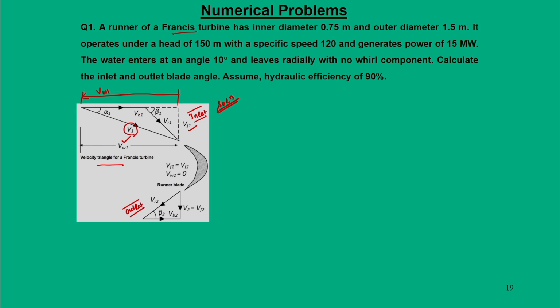Correspondingly, this VW1 is associated with VB1, which is there in the inlet triangle. Then we have blade angles and guide vane angles. In the outlet triangle, we have similar terms beta 2 and alpha 2, and the essential feature is that VF1 and VF2, that is flow velocity, remain the same from inlet to outlet.